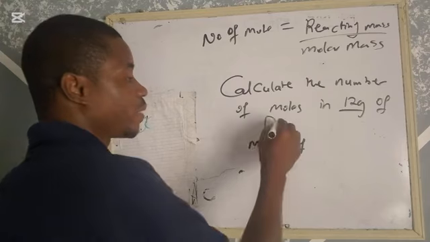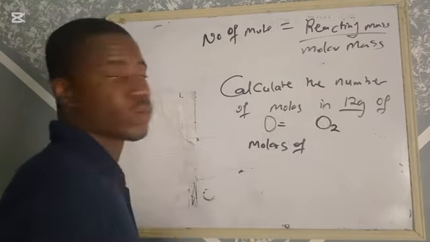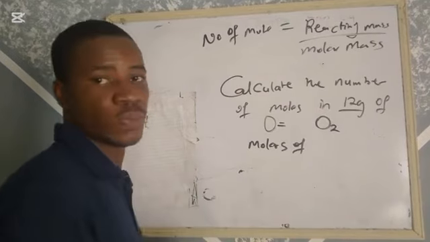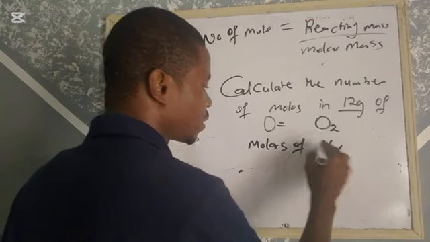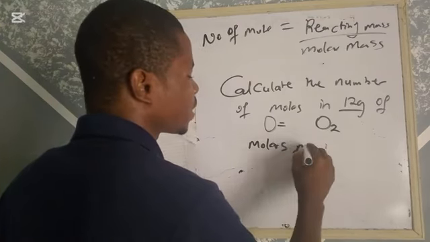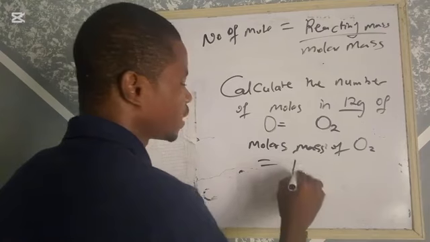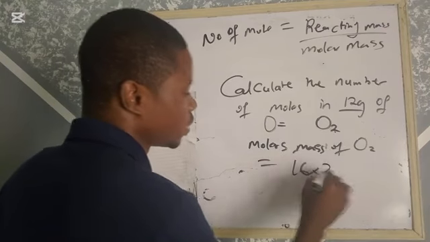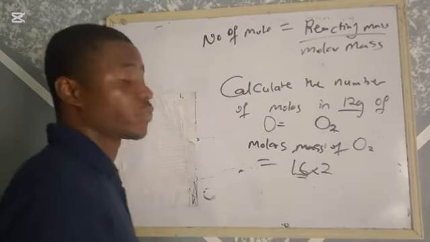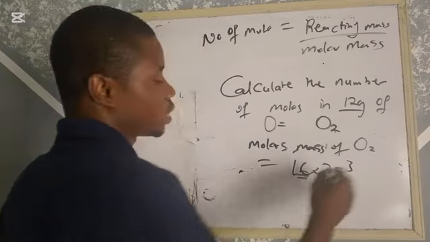So I'm finding the molar mass of O2, a diatomic molecule. Molar mass of O2 is equal to 16 times 2. This 16 is the relative atomic mass of oxygen, times 2, which gives us 32.